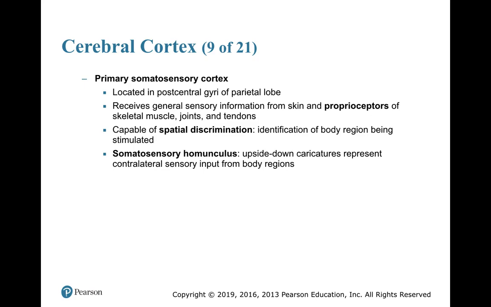The primary somatosensory cortex is located in the postcentral gyri of the parietal lobe, so just behind the primary motor cortex. It gets general sensory information from the skin and proprioceptors of skeletal muscles, joints, and tendons.